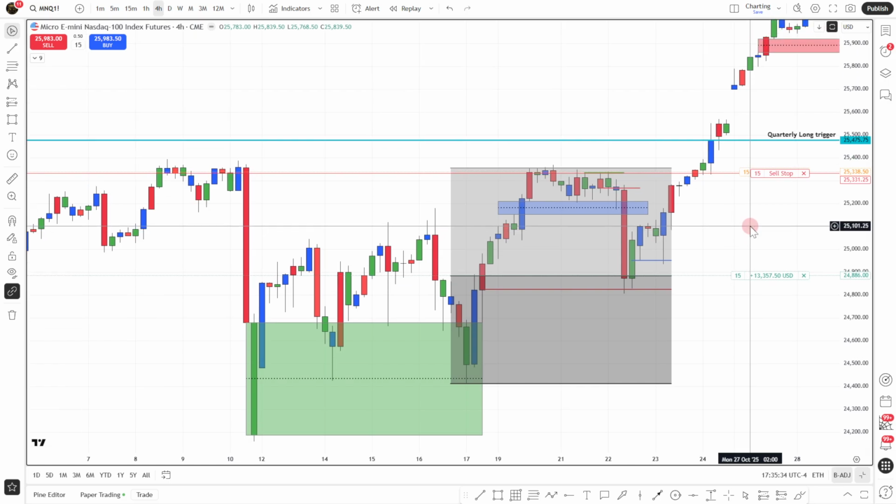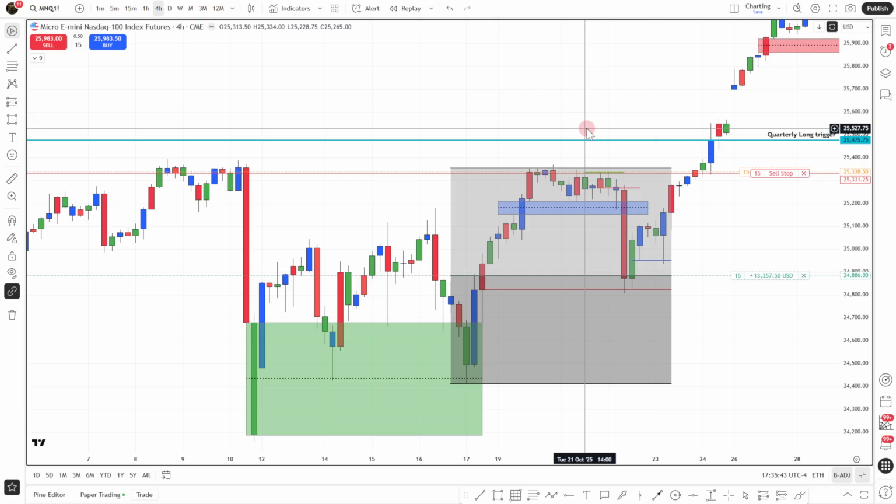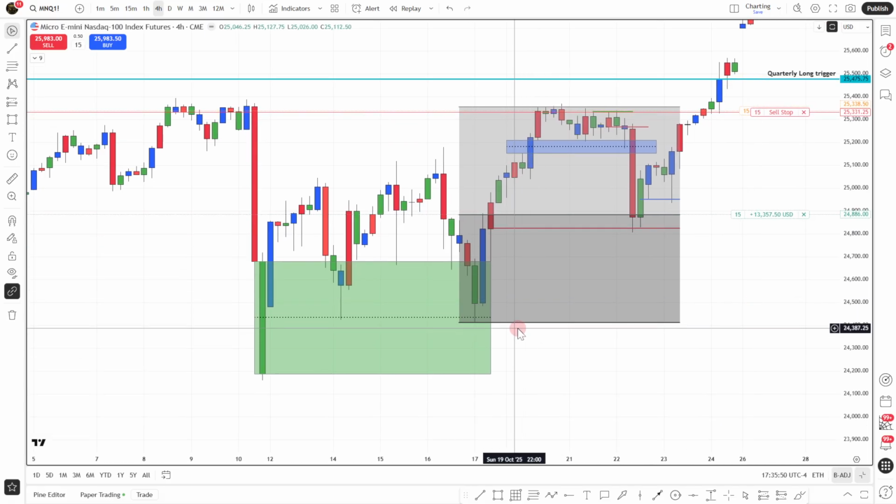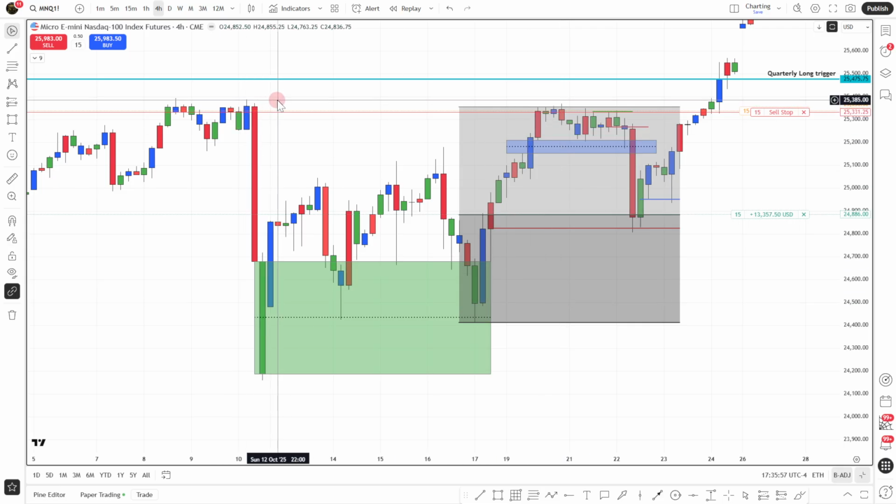When it comes to time frame stuff, I like 4 hour structure. So like protected highs and lows, like this high right here as an up close candle and a massive move away.